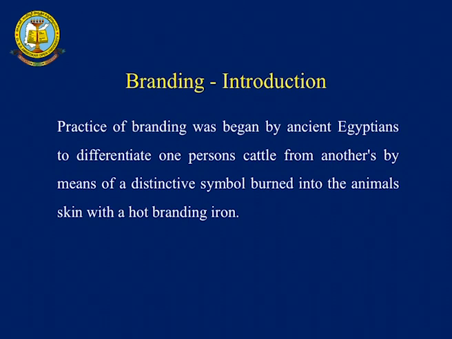That sign was there on the animal's body. A sharp iron piece with a design used to be heated, and that particular symbol used to be kept on the animal's body, and that would differentiate one owner from another. That is how branding started very, very long ago.